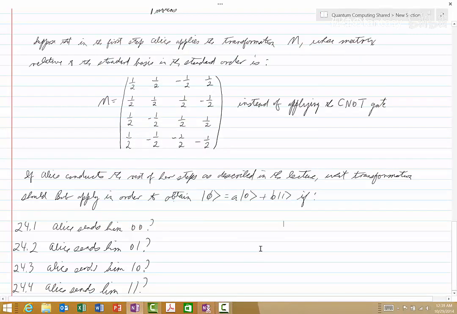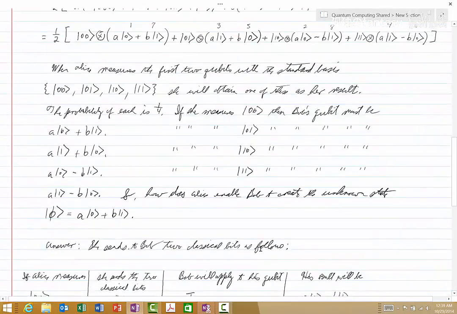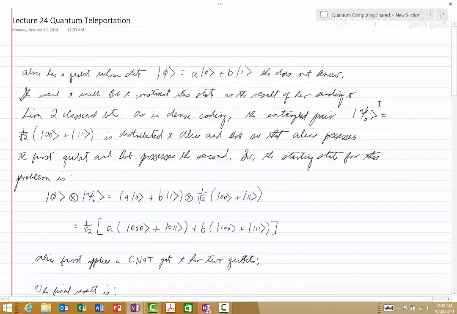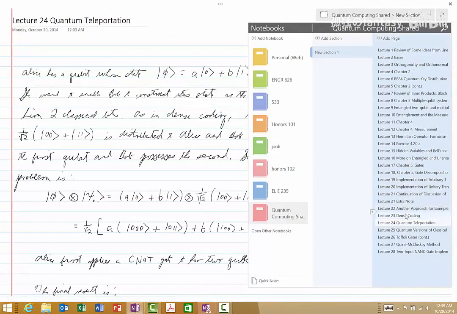And this deals with lectures 23 and 24. So let's start with 23. Now, lectures 23 and 24 are about dense coding and quantum teleportation.